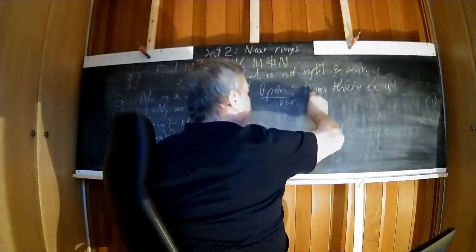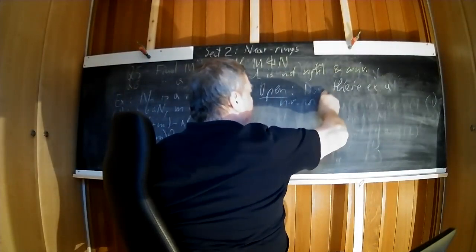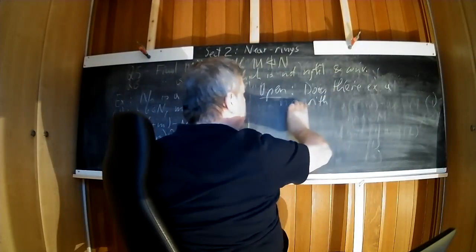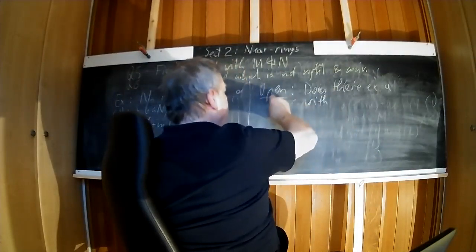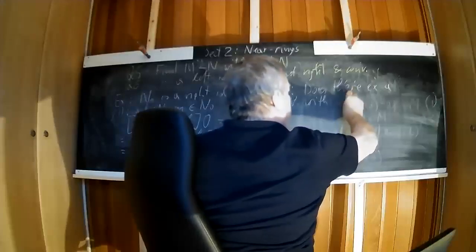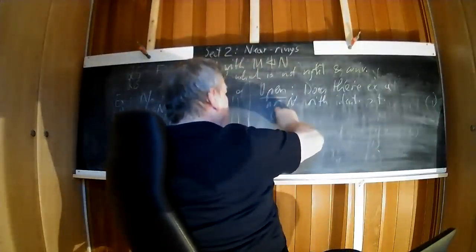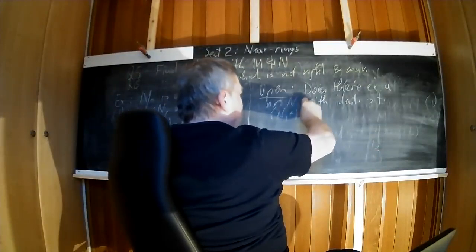Let's call the near-ring N with identity such that the additive group of N is a simple group.